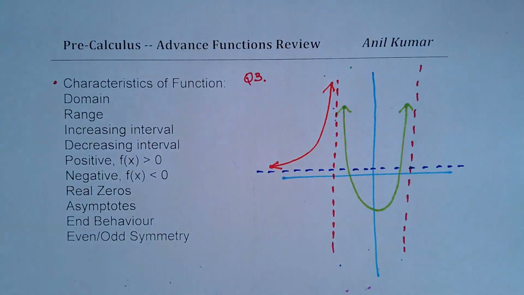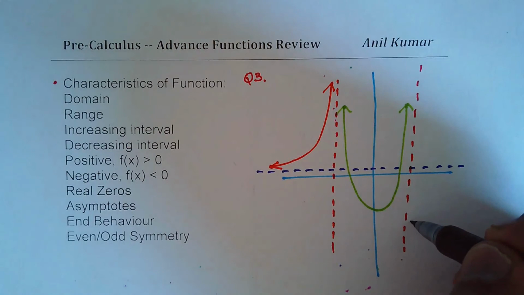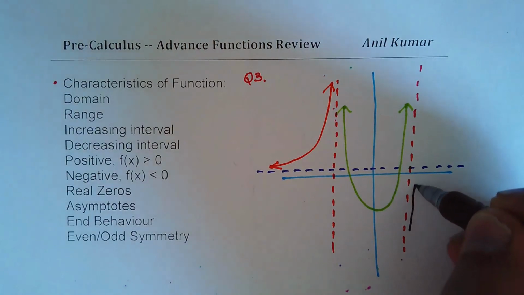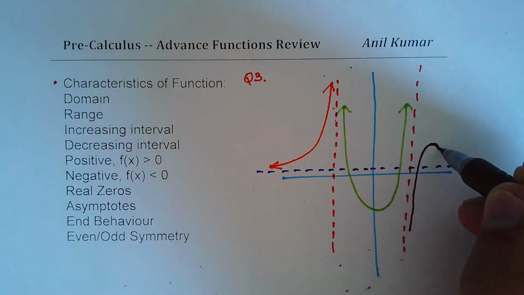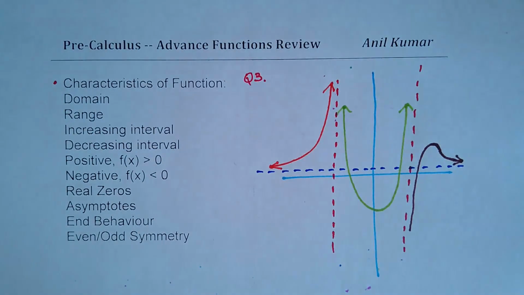Now I will draw another piece. I'll add another piece to this. Let's say it's kind of like this. This part goes up like this and then comes like this. Okay, so that is my function.